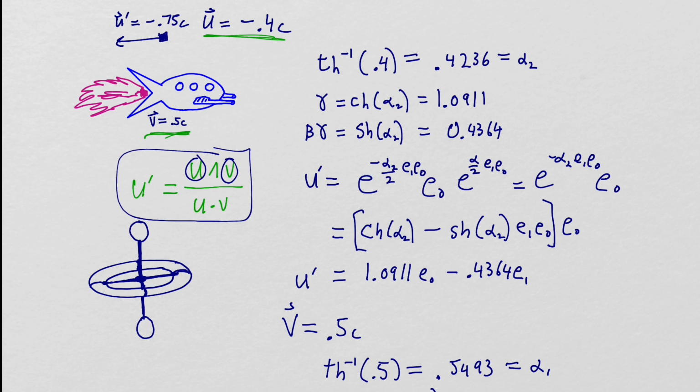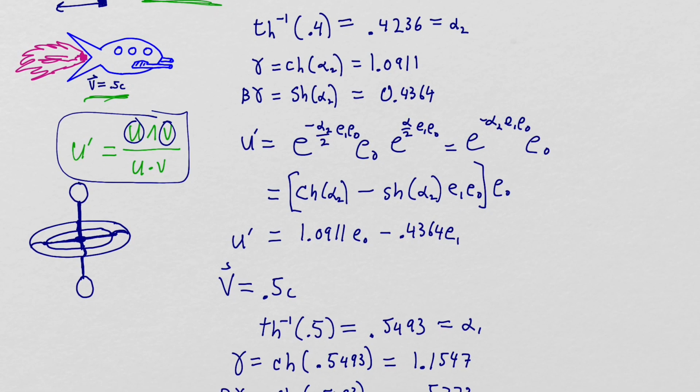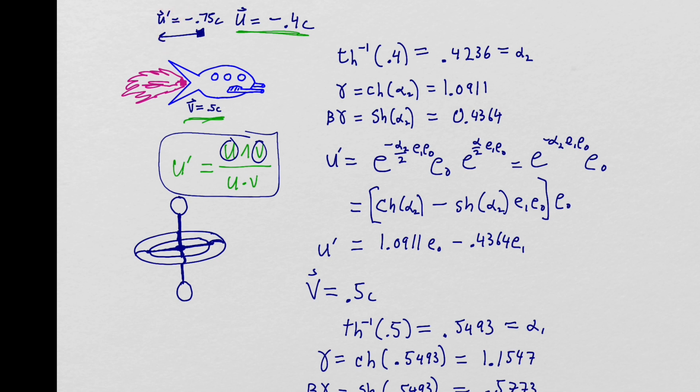I did that calculation, and that's the rapidity of the bullet in the space station. And you can calculate gamma. That's just the hyperbolic cosine of the rapidity. It's 1.0911. And you can calculate beta times the Lorentz factor, and that's the hyperbolic sine of the rapidity, which is 0.4364.